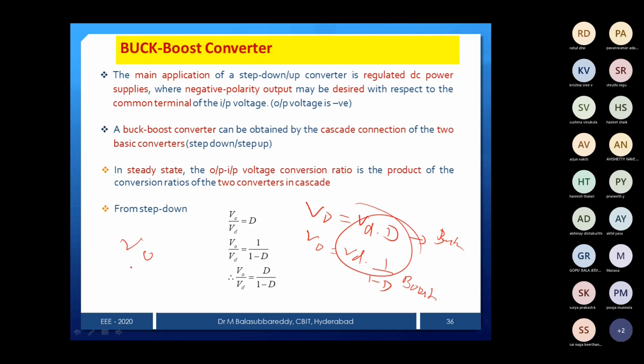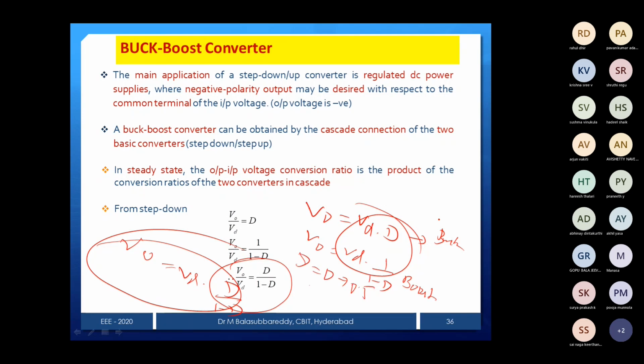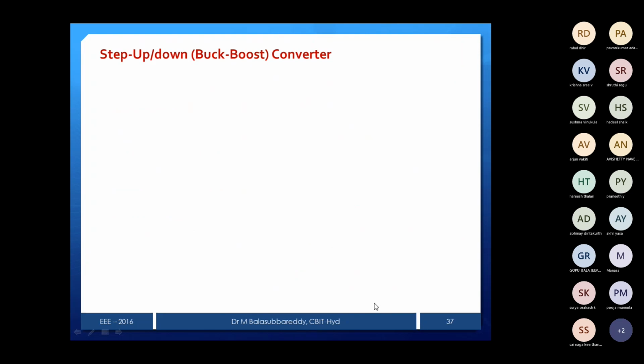What can I get? V out is equal to Vd into D by 1 minus D. That is the relation. We get V out by Vd as D by 1 minus D. Now based on D, from 0 to 0.5 you will get a buck chopper, and D from 0.5 to 1 will give a boost chopper. So this is the relation.